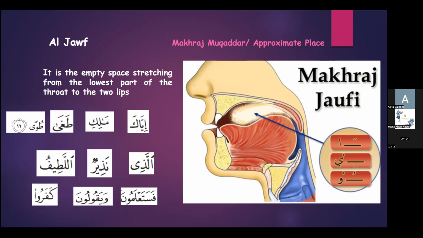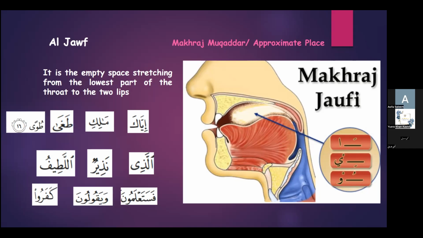So alif follows the rule of the letter to which it is attached to. For example, if it's attached to a light letter, a muraqqaq letter, which has a tarqiq, a light sound, alif will become light. Yes, this will become light now.